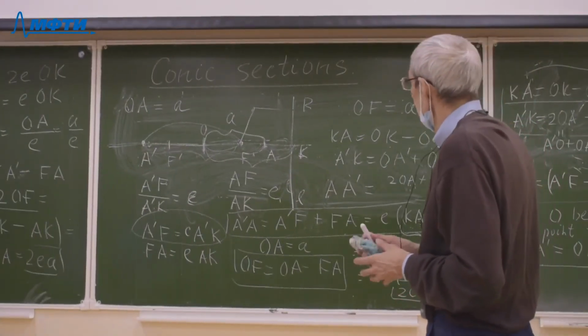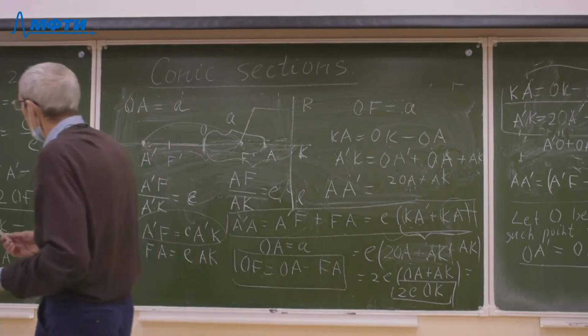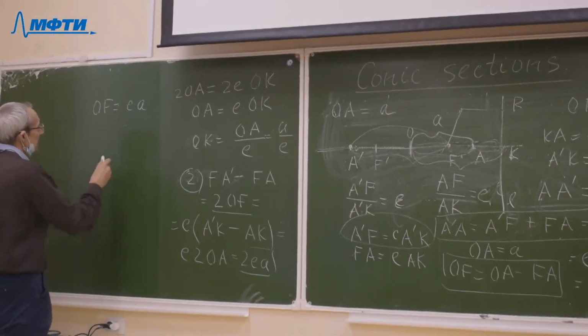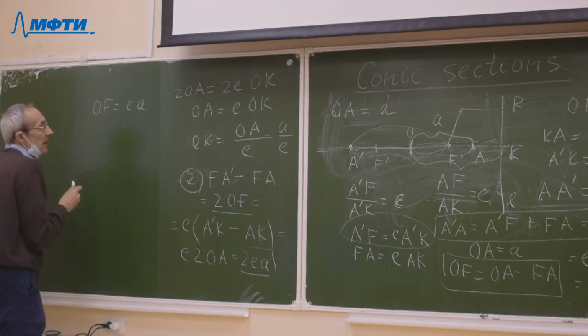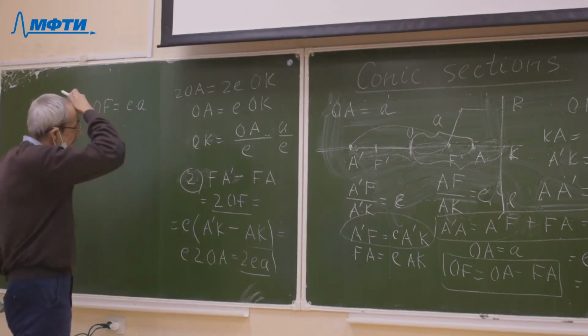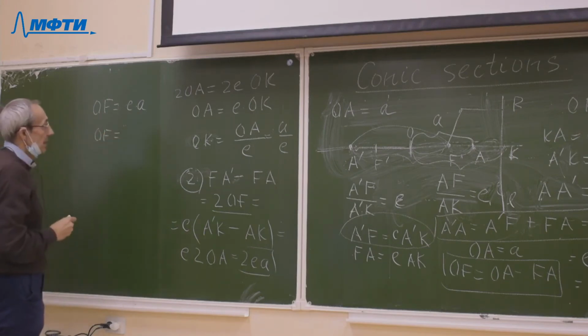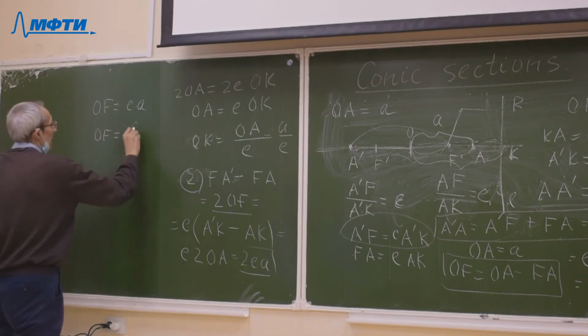And after our hard calculation, we obtain the following two formulas. OF is equal e times a, and OK is equal a, the ratio a to e.